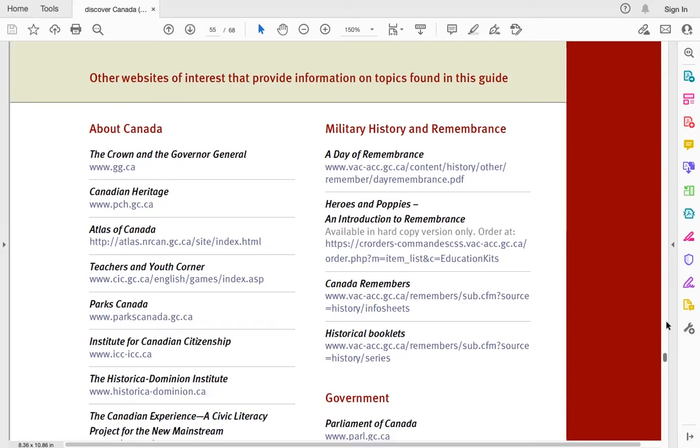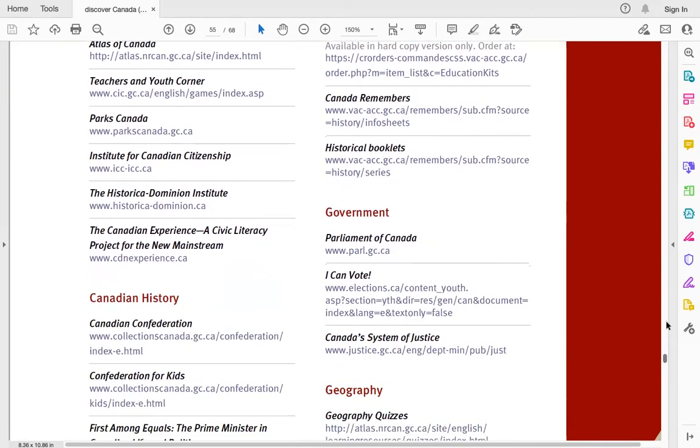Websites about Canadian history: Canadian Confederation, www.collectionscanada.gc.ca/confederation-e.html.